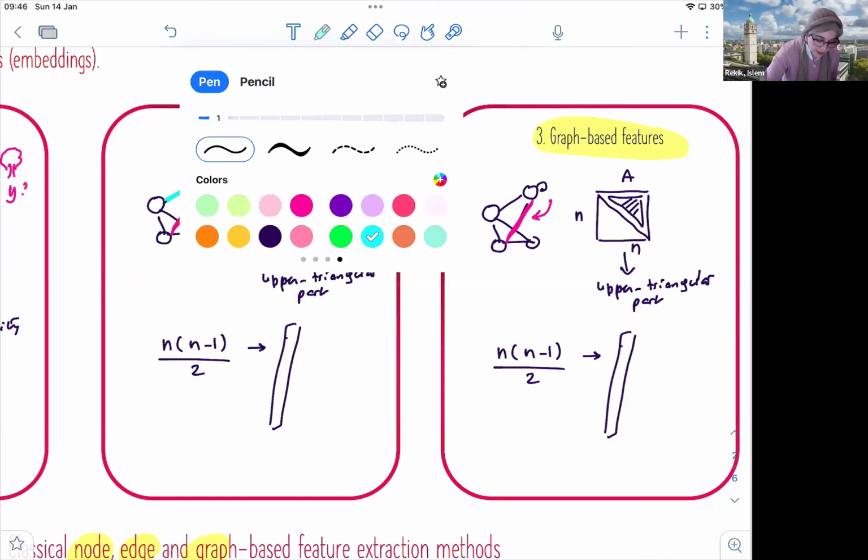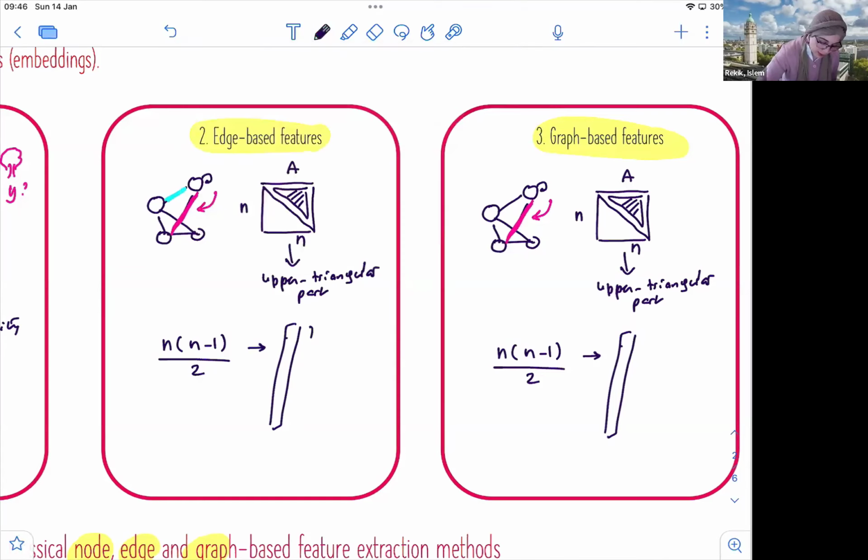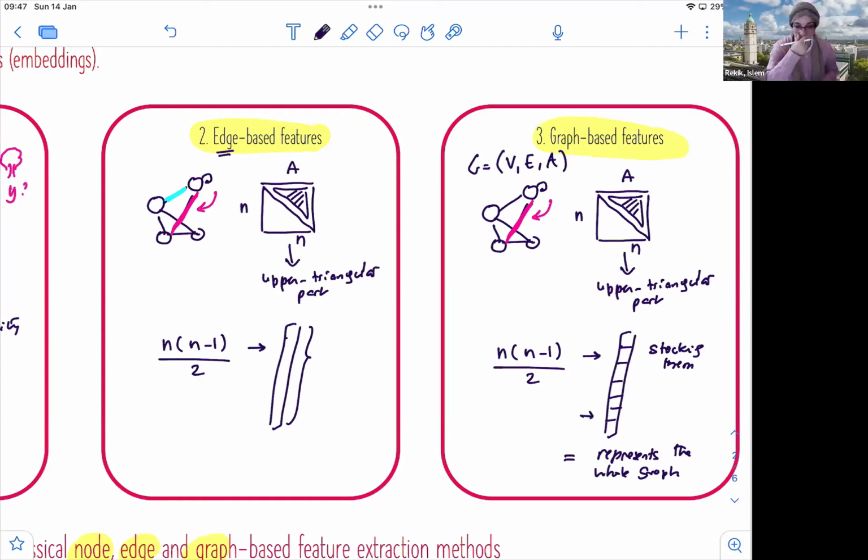If you want to represent the whole graph, you can stack all these edge weights, and we get a feature vector that represents the whole graph, where the graph is G = (V, E) and it has the matrix A.